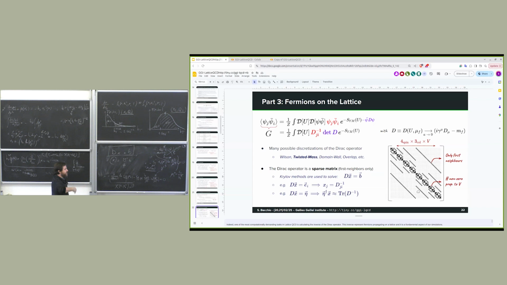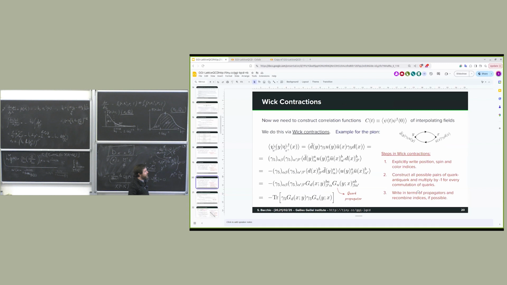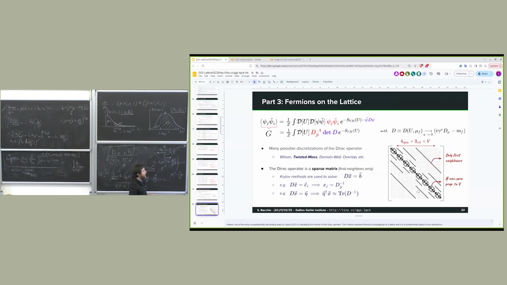We solve linear systems all the time because we want to compute how a quark propagates. You see, this is a quark propagating. For instance, you want to find a quark propagating from a point x to a point y. A quark propagating from point x to any point y is basically a column of the inverse.